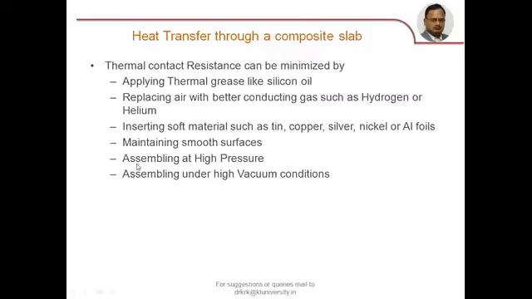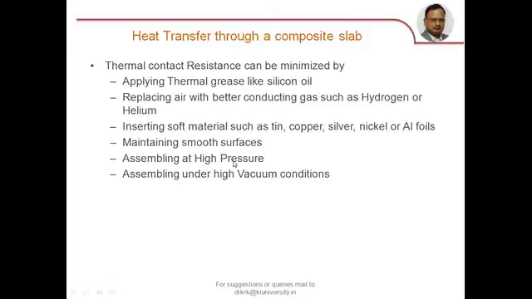And then assembling the two plates at high pressure so that the projections of one body will pierce into the other and interlocking of surfaces will occur, expelling the air in the void space, and assembling under high vacuum conditions.